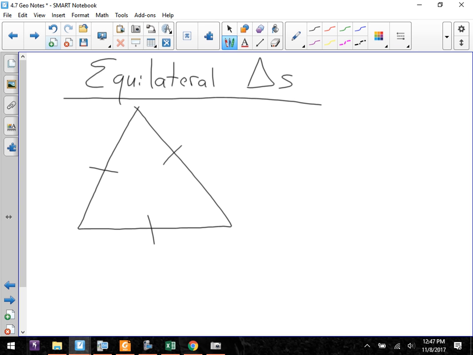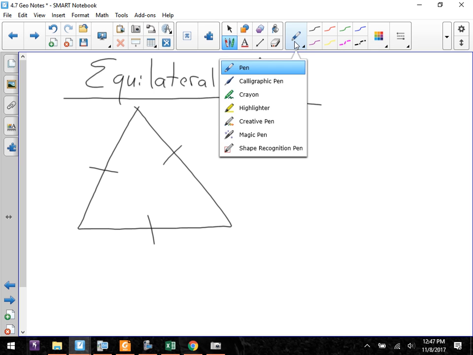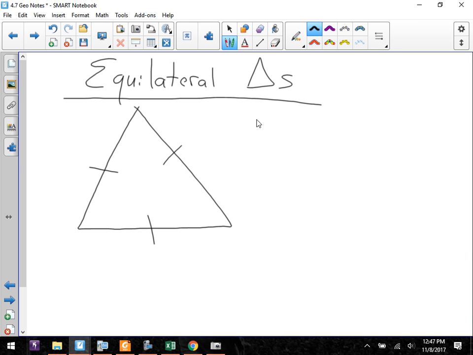If I block this one out for a second, I don't know what that third side is, but I know that I've got two sides of the same. I then know that I have two base angles that are the same.